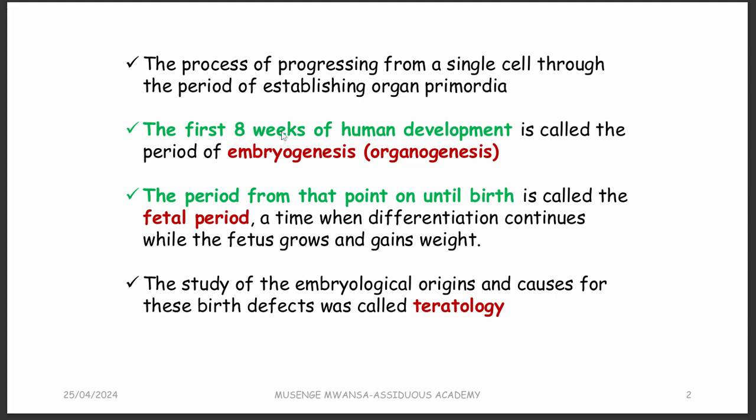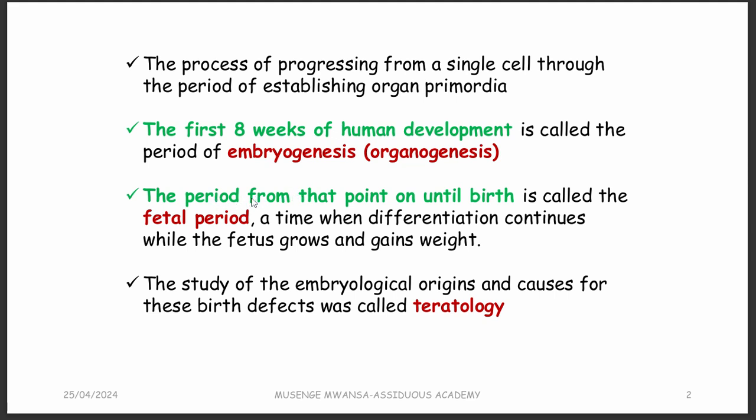Now the first 8 weeks of human development is known as the period of embryogenesis or organogenesis, because you are basically forming organs for the first 8 weeks. 8 weeks meaning about 2 months is the period for forming organs.